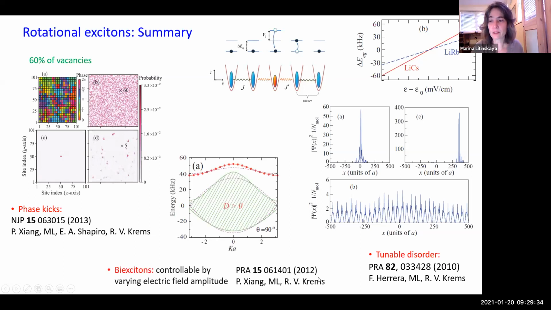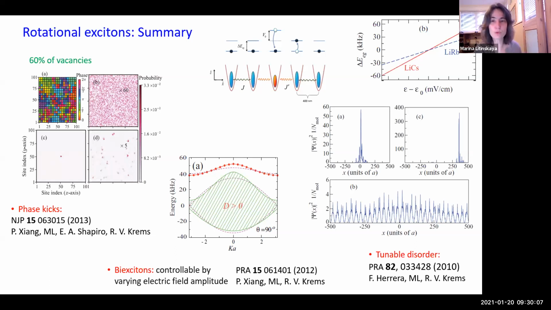Another thing that you can do with excitons in optical lattices is that you can create biexcitons, which are bound states of two excitons. So you have two excitons and you bind them together, forming a biexciton state. And you can associate and dissociate these biexcitons just by changing the magnitude of the applied electric field. So this slide summarizes that excitons in optical lattices are a beautiful platform.